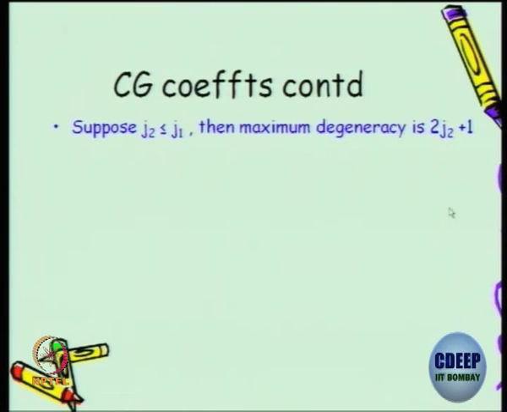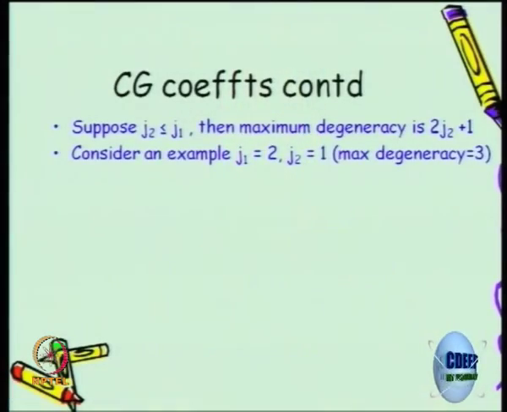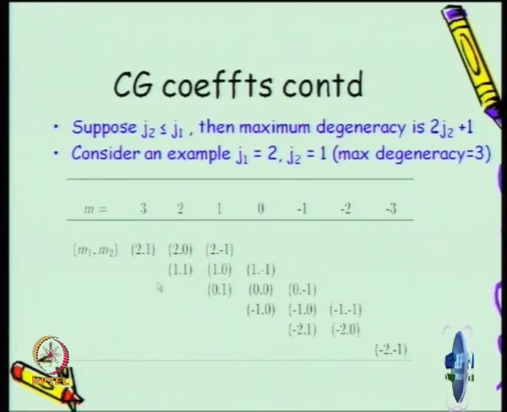Okay, these are checks which you can do. For example, let's take J1 to be 2 and J2 to be 1. This tells me that because J2 is 1, maximum degeneracy has to be 3. This would have said that degeneracy is 5, but when we try to write, we will not exceed the degeneracy of 3 as plotted here in this table.